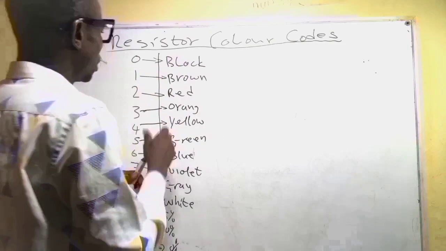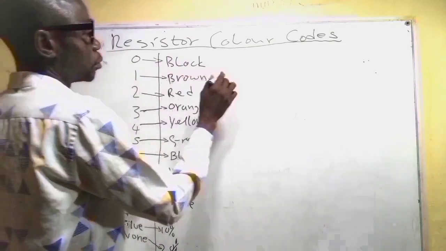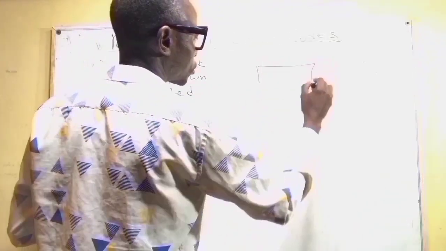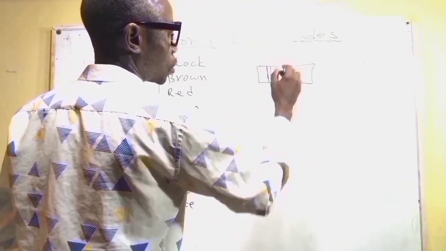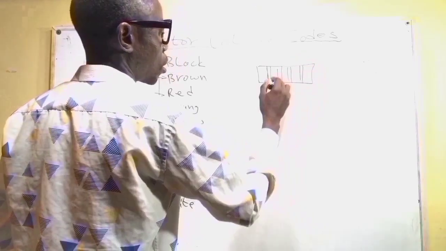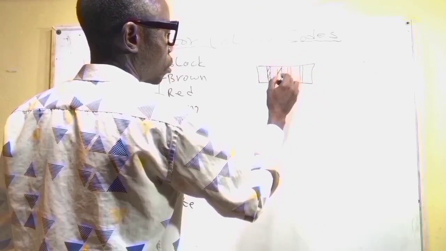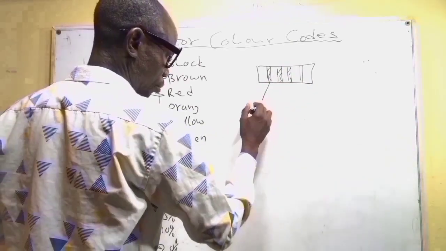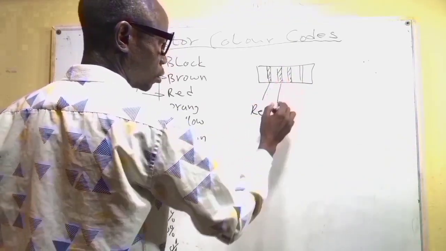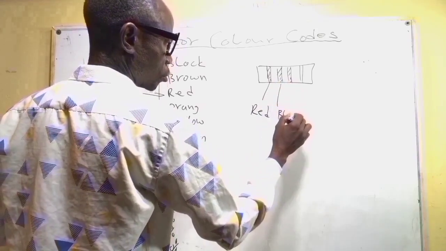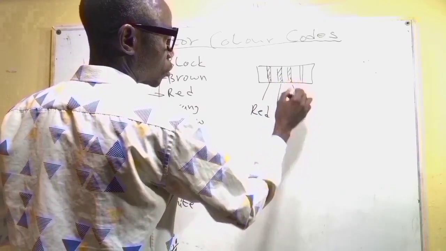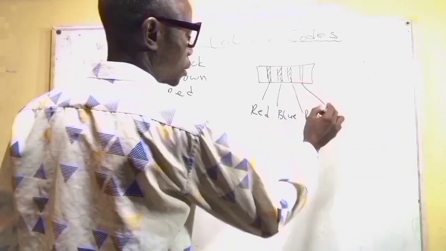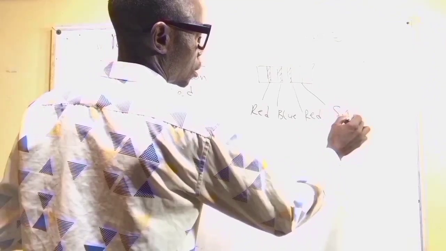So if a resistor has colors of, let's say, red, blue, red, and this one is silver.